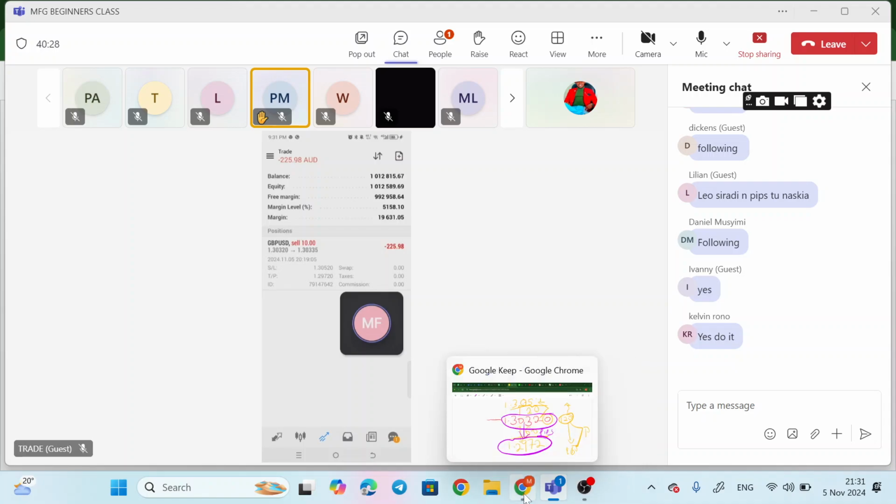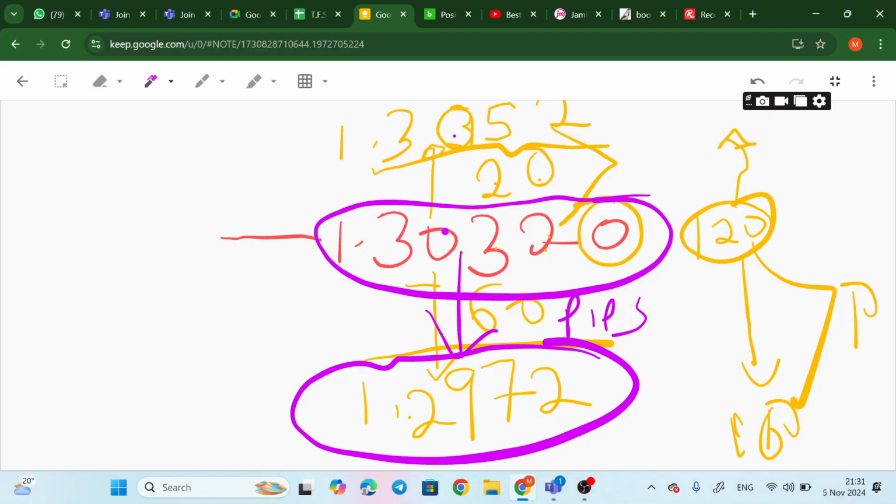What is the lot size that I am supposed to apply or use? So the first thing before you place a trade is to find the correct lot size.